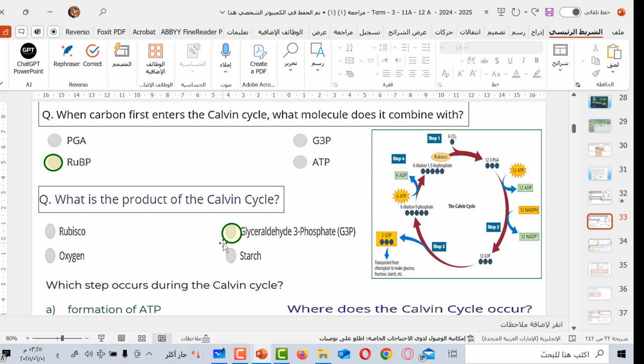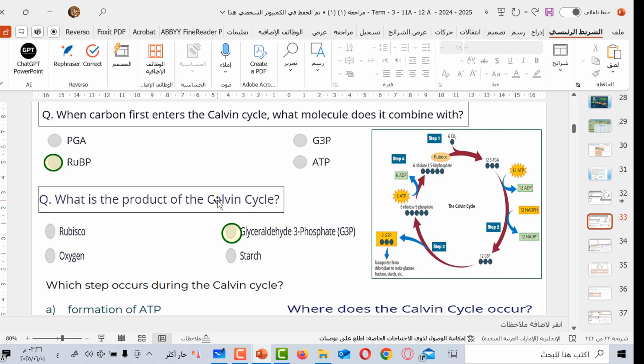Okay, here he asked which carbon first enters the Calvin cycle. What molecule does it combine with? RuBP, as I say, or ribulose 1,5 bisphosphate.